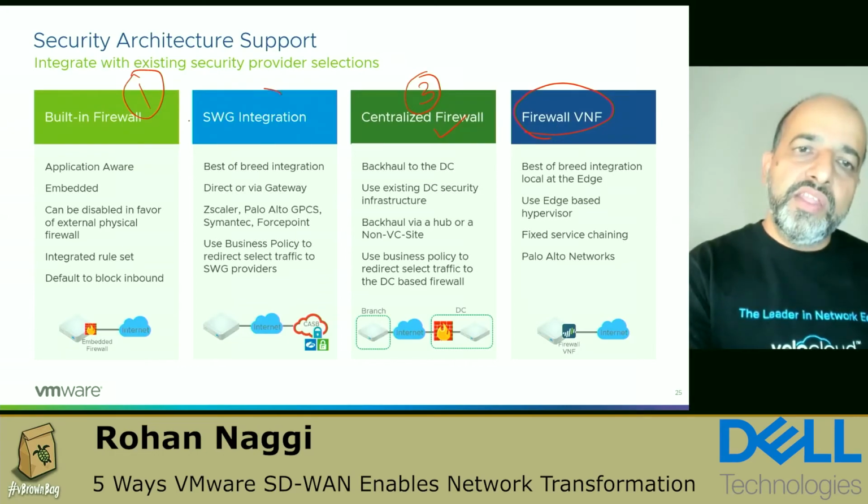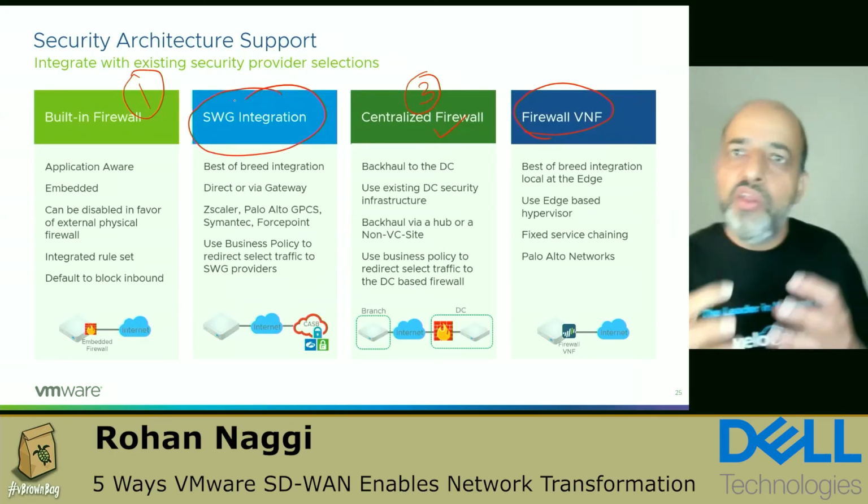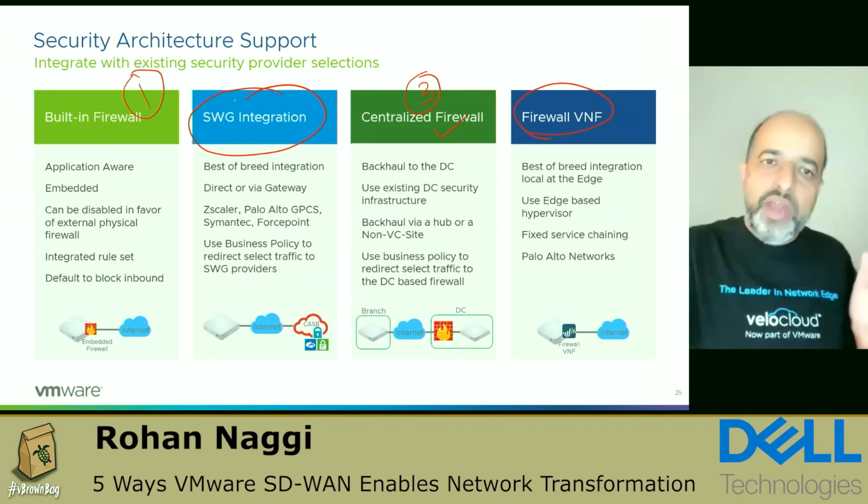The fourth is the secure web gateway. Like I mentioned in the problem statement, with the legacy architecture the branch is running multiple network functions. So it's heavy. It's a thicker branch. What we are doing is taking the complexity away from the branch and putting it in the cloud.